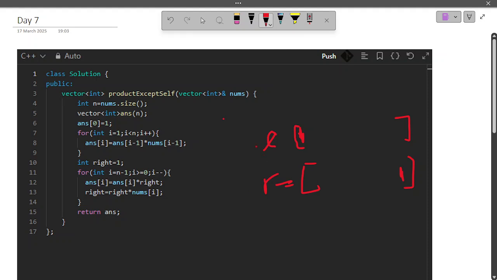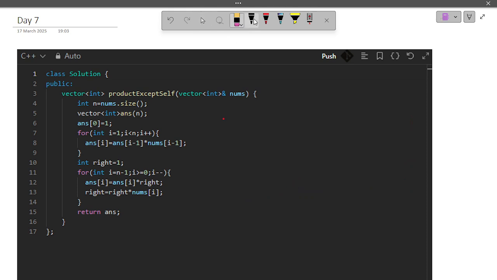We take left here. So look here what we do. We take an answer array. Okay, answer of 0 is 1, so it is basically left of it is 1.